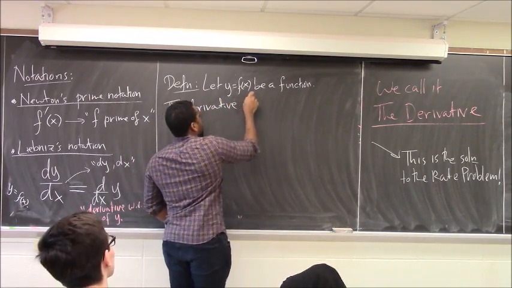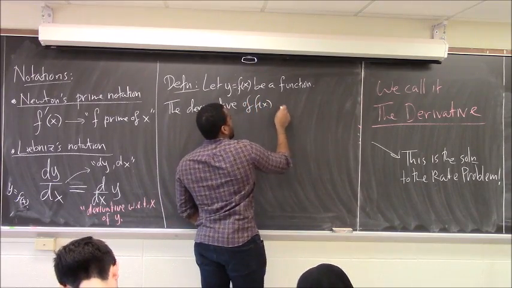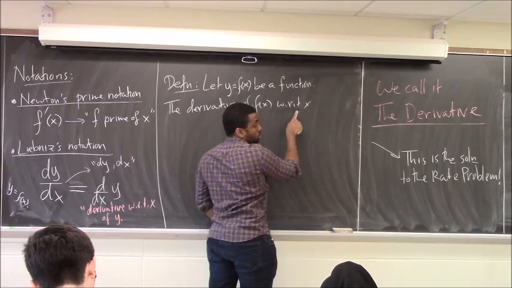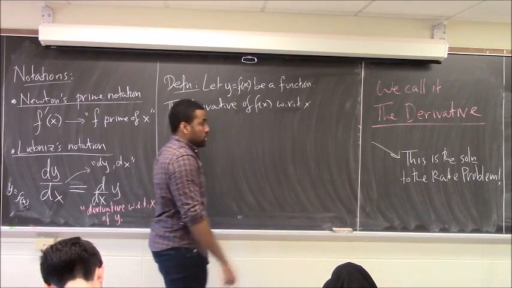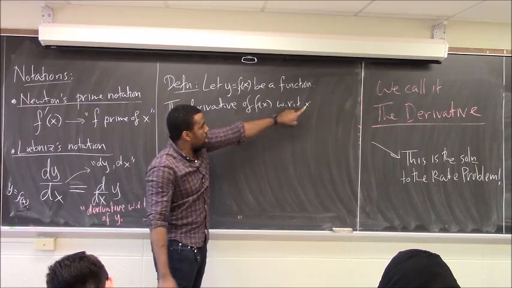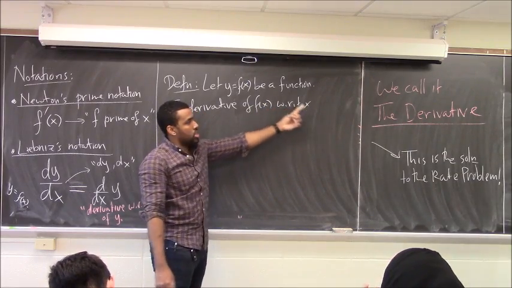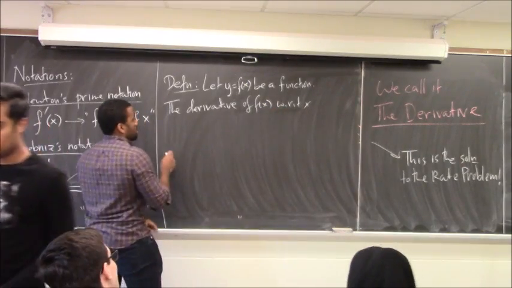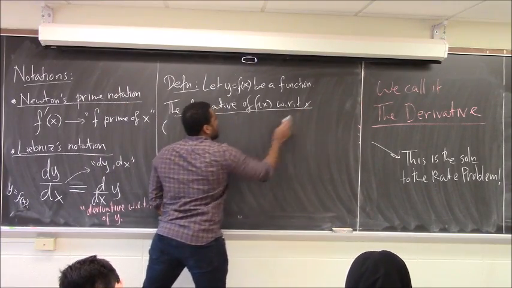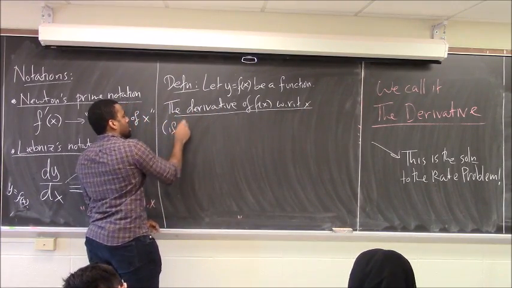The derivative of f of x with respect to x, that stands for with respect to, or in relation to. So in the first example, this would be like our distance, that would be like our time, and we're measuring how fast this is changing in relation to that. So the derivative of f of x with respect to x, if it exists.